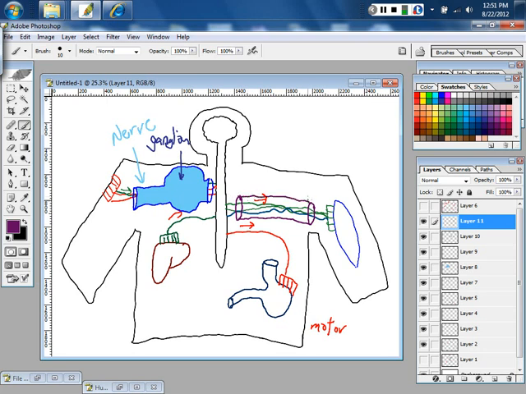That layer of connective tissue wraps and bundles up those nerve fibers. And that bundle of nerve fibers, what is that bundle of nerve fibers called?